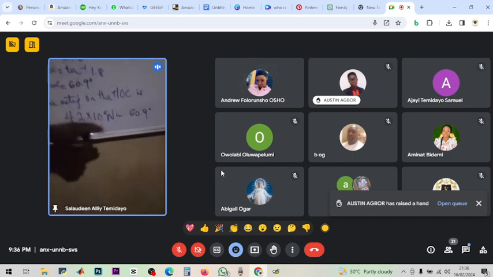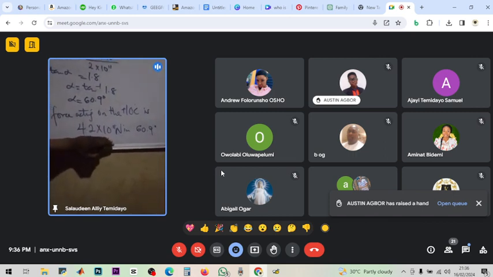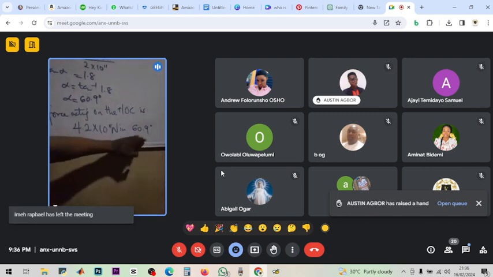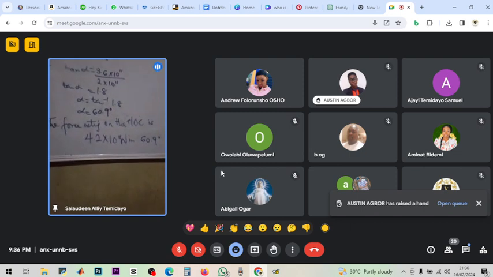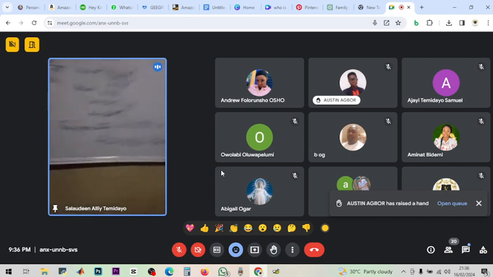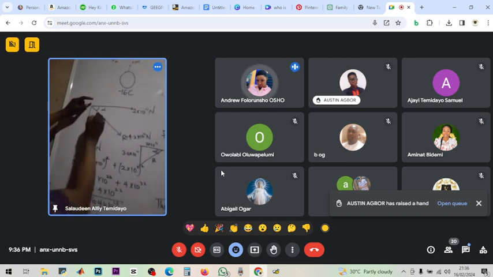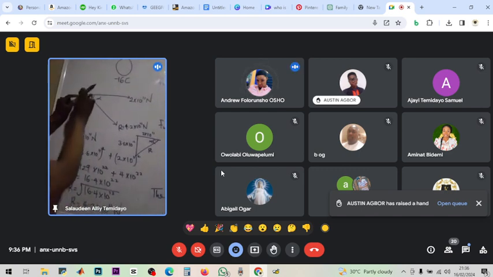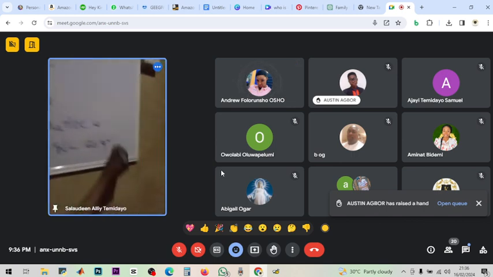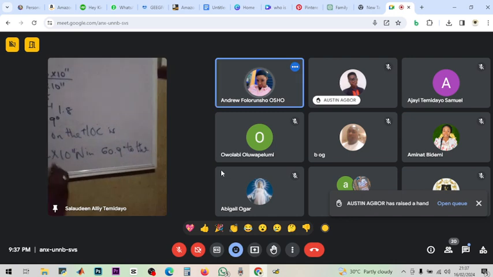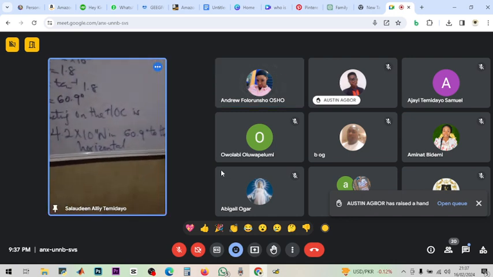This is the magnitude you mentioned earlier, and the direction is 60.9 degrees to the horizontal, not to the vertical. This is the vertical, this is the horizontal. So this is the conclusion of everything.